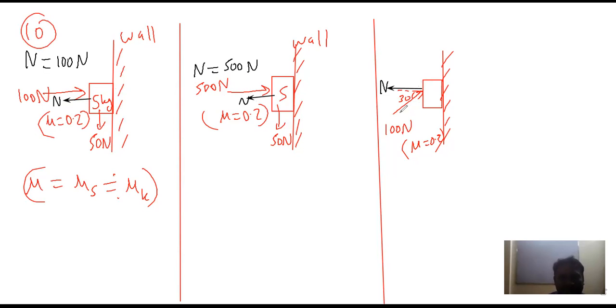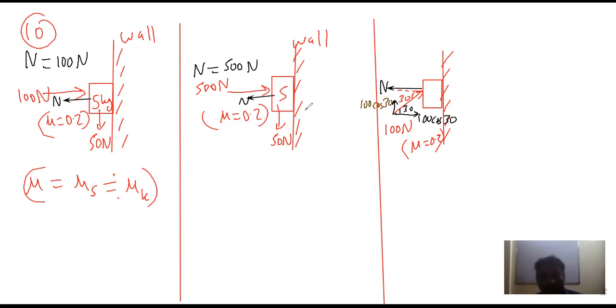In third case, let us find the component. So this angle is 30. This is 100 cos 30. And vertical, we have 100 sin 30. There is no space here, so let me use another color. So 100 cos 30.